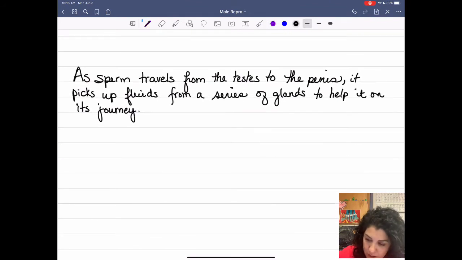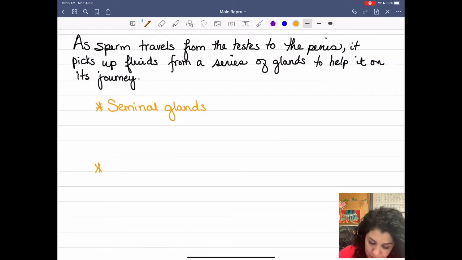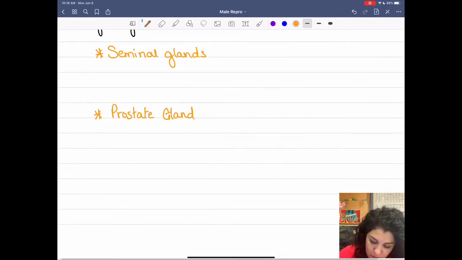So I'm not gonna give them labels. We're just gonna say we have seminal glands, the prostate gland, the only one, and the last ones are Cowper's glands.